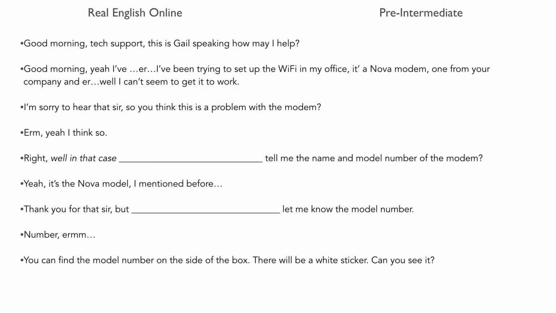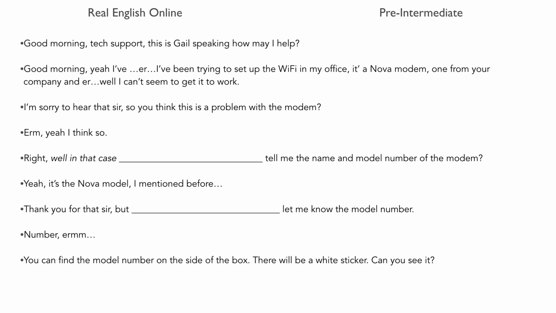Good morning, tech support. This is Gail speaking. How may I help? Good morning. Yeah, I've been trying to set up the Wi-Fi in my office. It's a Nova modem, one from your company, and well, I can't seem to get it to work. I'm sorry to hear that, sir. So you think this is a problem with the modem? Yeah, I think so. Right. Well, in that case, could you please tell me the name and model number of the modem?